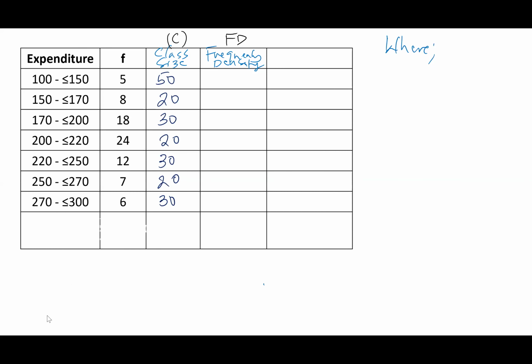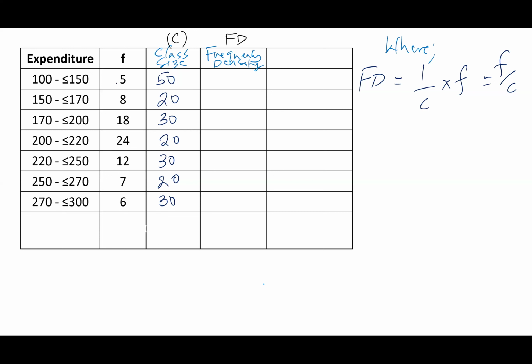So where our frequency density, FD, is equal to 1 over C times the frequency, or simply F over C. Okay, so with that, we are going to get 1 over 50 times 5.